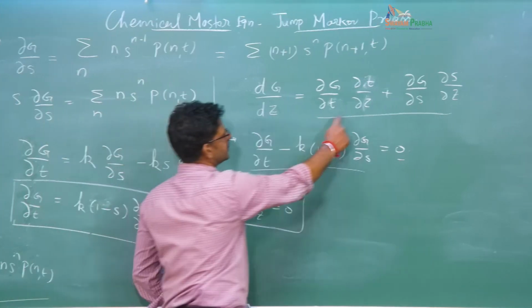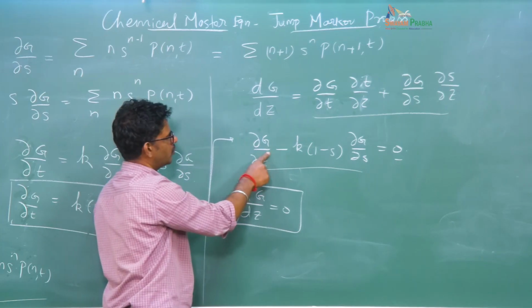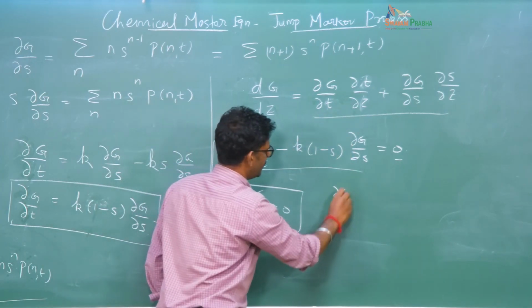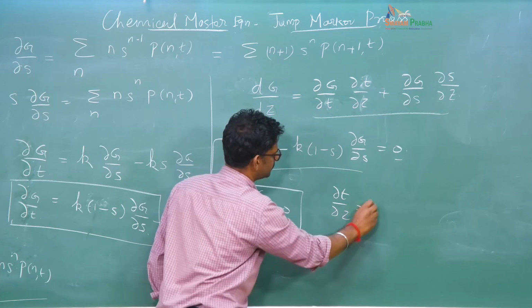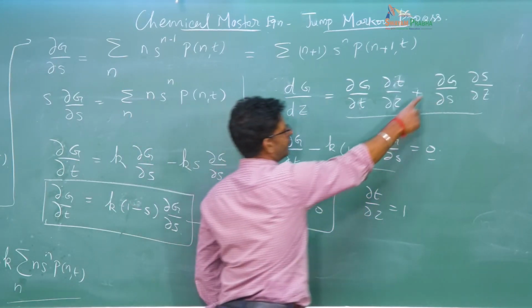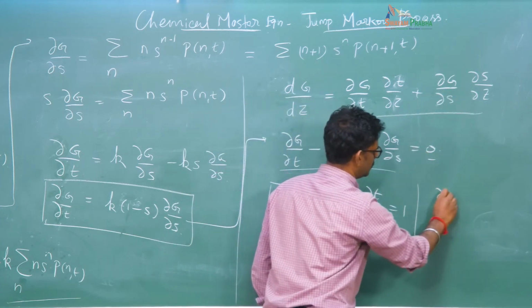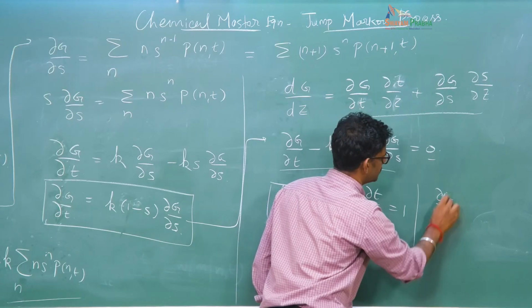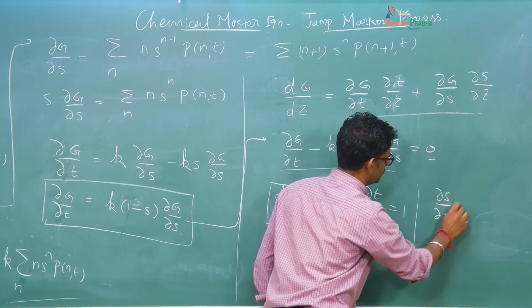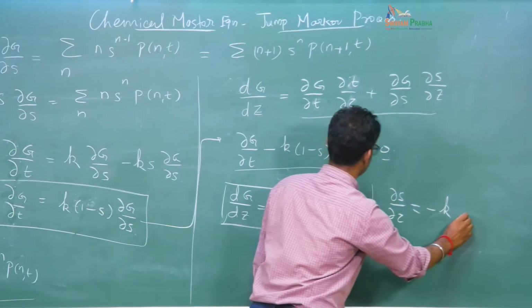And then if I look at these terms, here I have dou G by dou T multiplied by 1, so dou T by dou Z should be 1. And when I compare these two terms, the prefactor of dou G by dou S, dou S by dou Z, should be equal to minus K times 1 minus S.